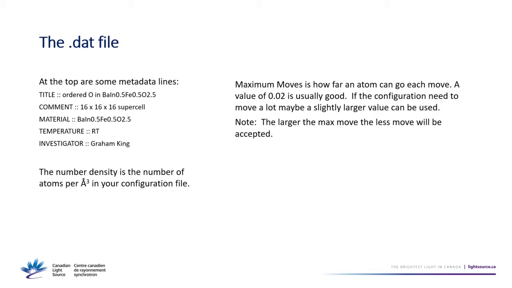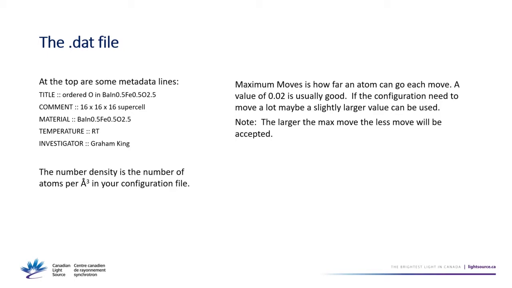Something I want to mention that is not necessarily obvious is that the max move you choose will affect how many moves are accepted. There's a correlation between the maximum move and the sigma that you choose. Say you have a small max move of 0.01. If you're only moving a hundredth of an angstrom and it makes the fit worse, it's not going to make it that much worse, because it didn't move very far.